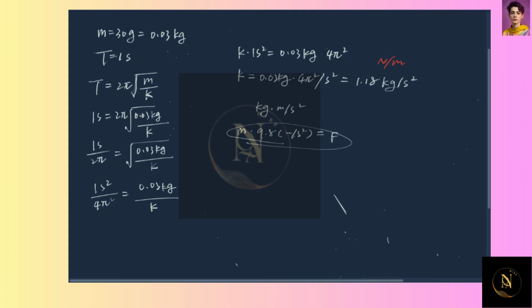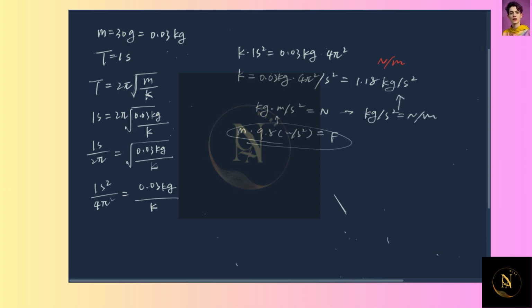That's how we convert the mass of an object into a force, in the unit of Newton. So kg times m over second squared equals Newton. If you divide both sides by meter, you're going to get kg per second squared equals Newton per meter. And that's what we have here.